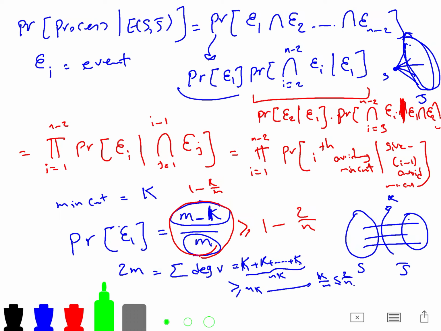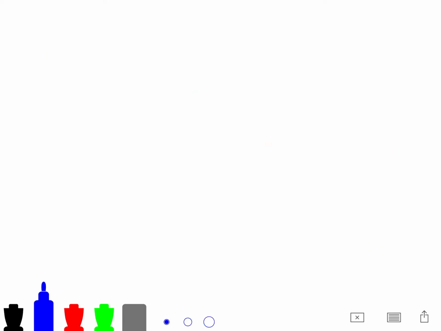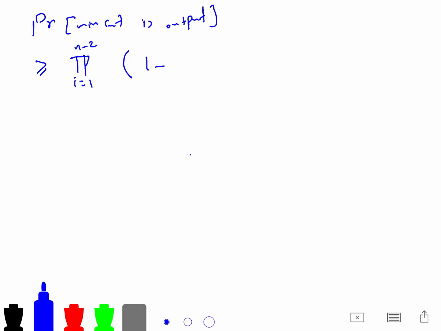So now back to what we want. 2 over n is now replaced by k over m. And if you calculate all of these, the probability that the min cut is the output, as I said, becomes greater than the product for i from 1 to n minus 2. So you will see that this becomes the product of n minus i minus 1 over n minus i plus 1.